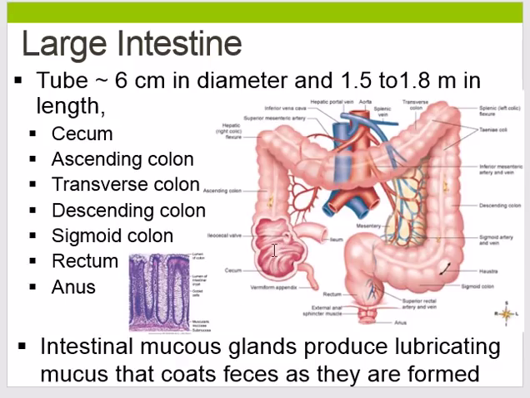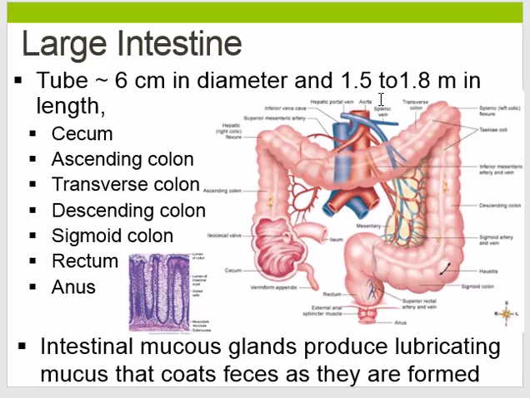I mentioned this term in our upper digestive class. You can see the presence of rugae here with the folds or ridges. And we'll talk about it in an upcoming slide, but here is what you all would know as the appendix. It's called the vermiform appendix. It gets its name from its shape of a worm. We'll talk about its role shortly.